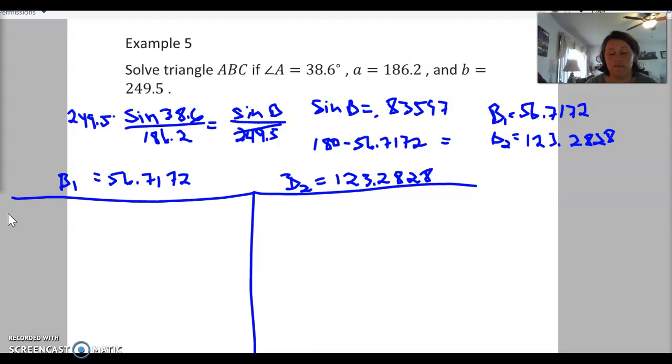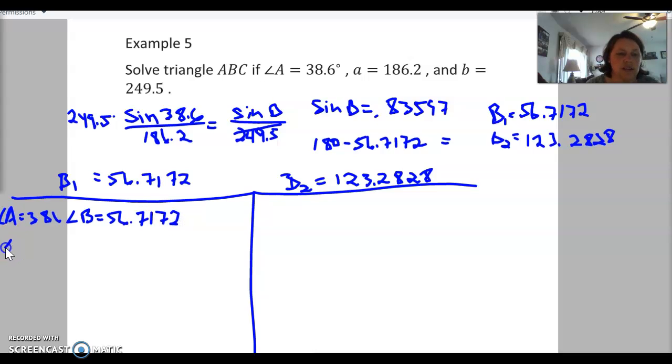Okay. So on this one, the next thing that we need to do is find angle C. That's our next step. Well, we know angle A is equal to 38.6. We know angle B is 56.7172.